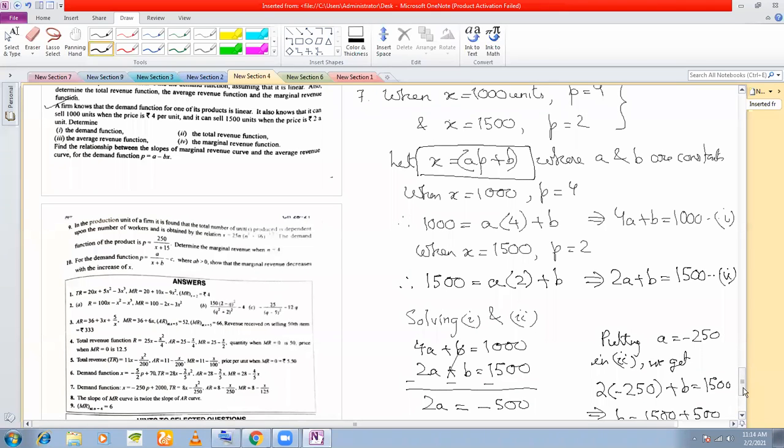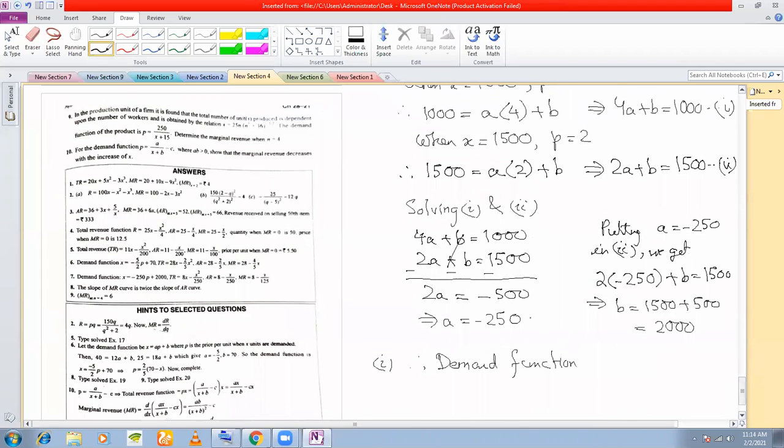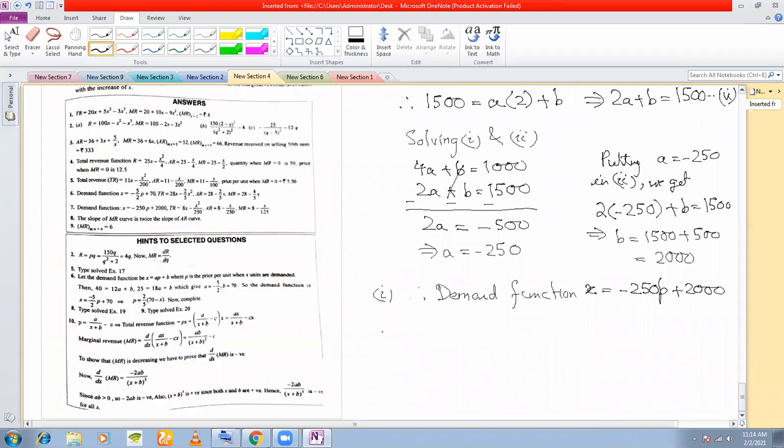X is equal to AP plus B is the demand function, right? If we have found out the values of A and B, then what is the demand function? X is equal to minus 250P plus 2000.